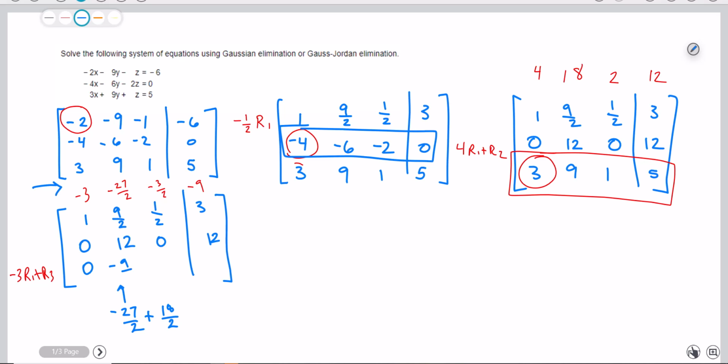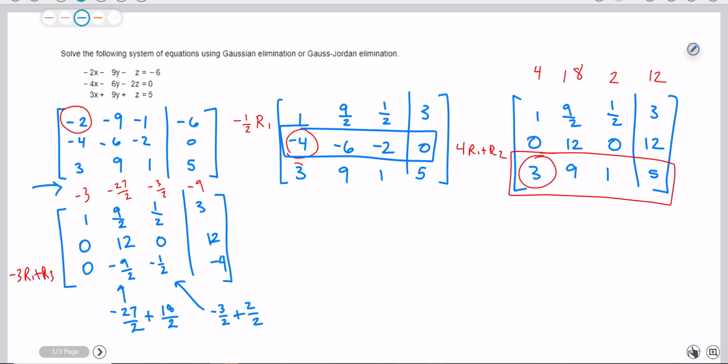I get negative 9 over 2. Same thing here. I want to take negative 3/2 and add 1. Well, that's the same as 2 over 2. So I get negative 1/2. And then finally, negative 9 plus 5, I get negative 4.